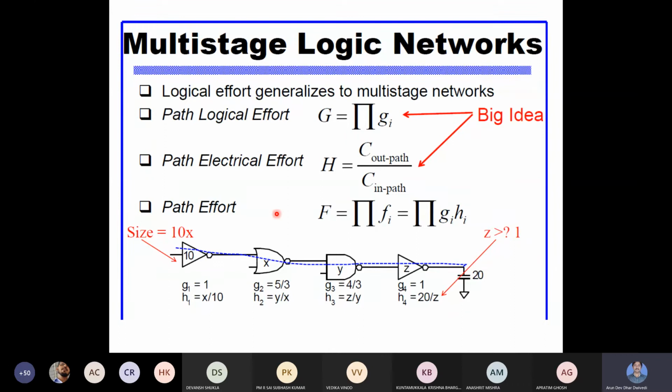And the total path effort capital F is defined as the multiplication of Fi, where Fi is for any individual stage. We already know that Fi is equal to Gi into Hi. So it is pi of Gi Hi. So path effort is calculated in this way.